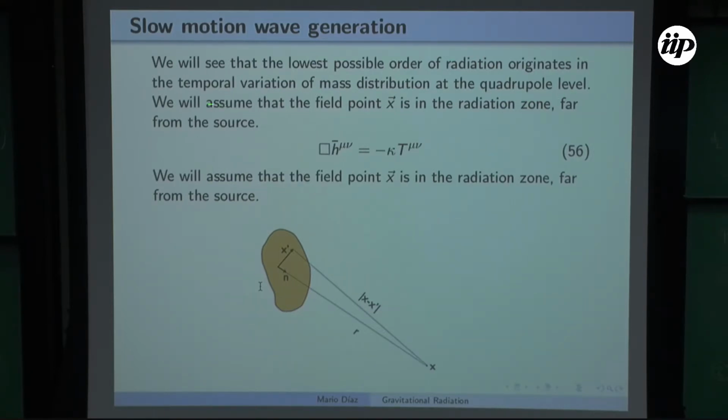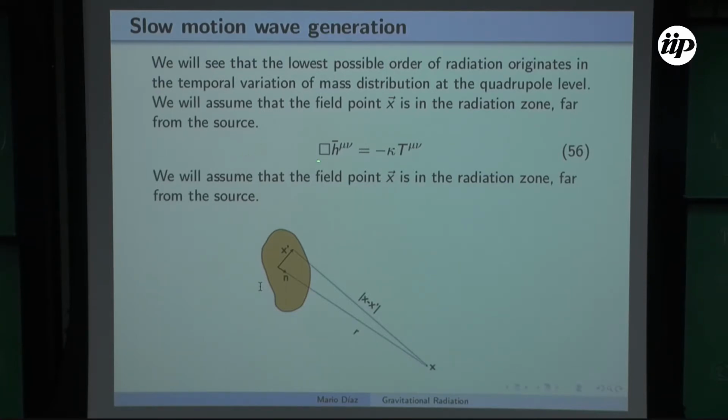But to see that, we need to define these quantities, x prime and x. So x is in the radiation zone, and that means very far from the source, much larger than the size of the source.